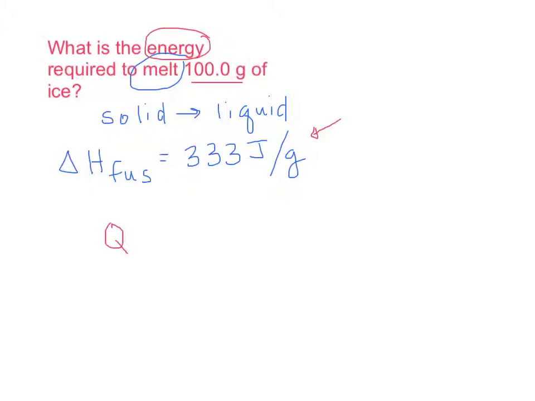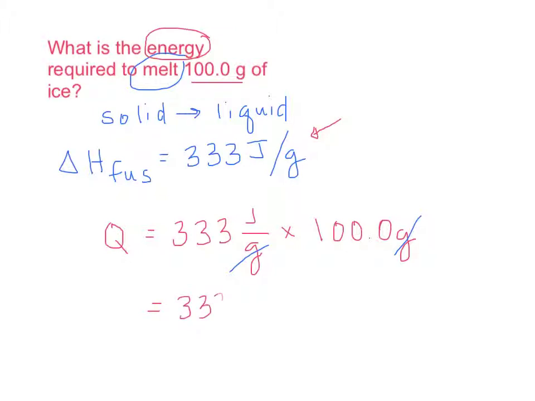So our equation is going to be Q equals 333 joules per gram. Remember, we want to get that joules all by itself, so we need to get rid of the grams. So we'll multiply it by 100.0 grams. So when we do that, our grams nicely cancel out because one's on the top and one's on the bottom, and we'll be left with 333 times 100, or 33,300 joules.